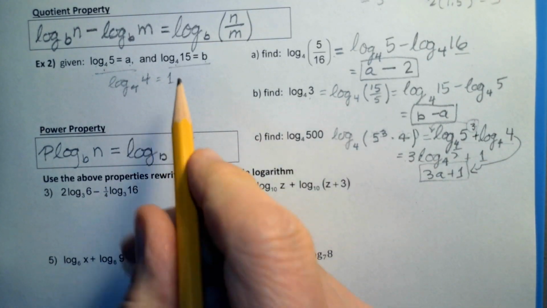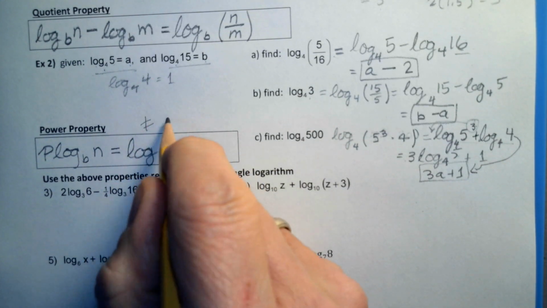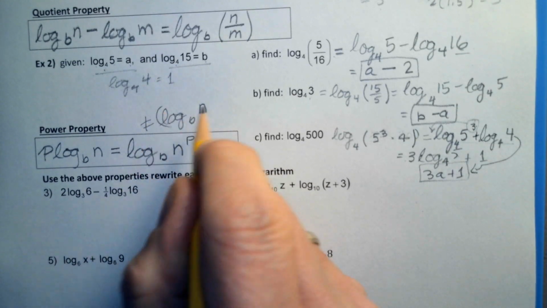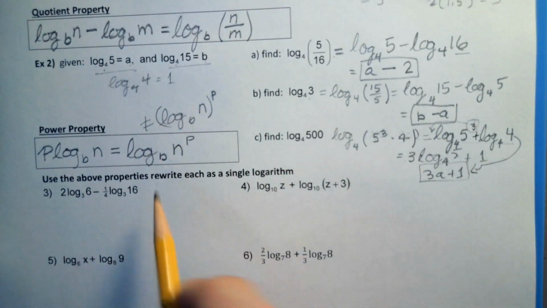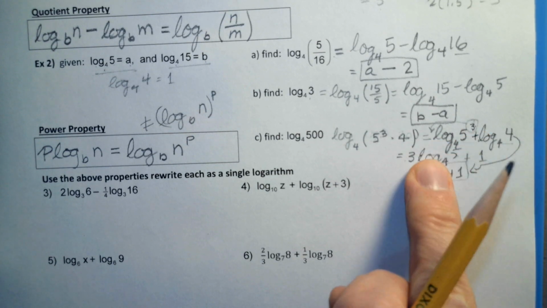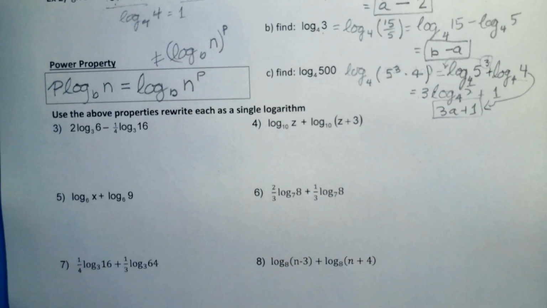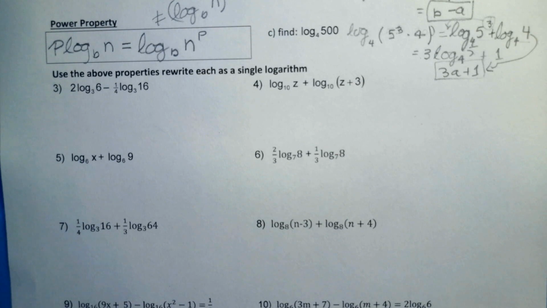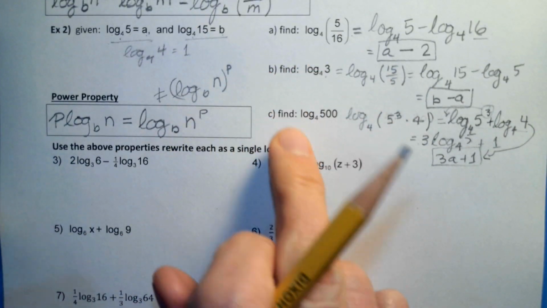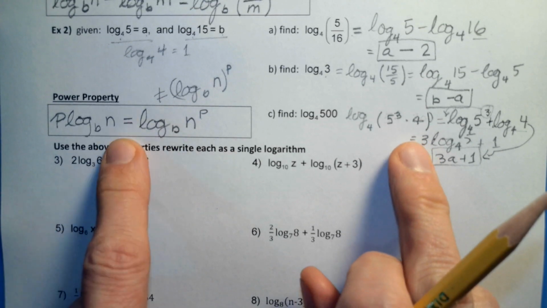Now remember, this is not the same as log base b of n, the whole logarithm, raised to the p. It's not equal to that. So it's not a cubed like we saw over here. All right, so let's try some of these then. Well, we sort of already did, so I'm not really giving you another example for the power property.